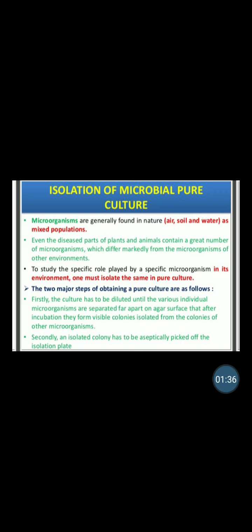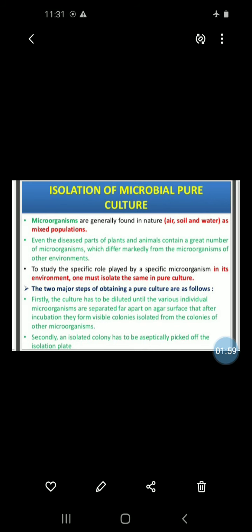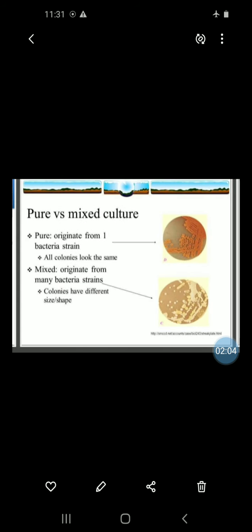The culture has to be diluted until individual microorganisms are separated far apart on the agar surface, and after incubation they form visible colonies isolated from other colonies. This is the first step. In the second step, an isolated colony has to be aseptically picked off the isolation plates.